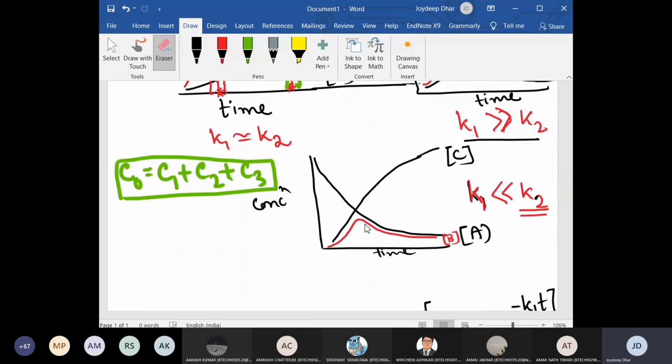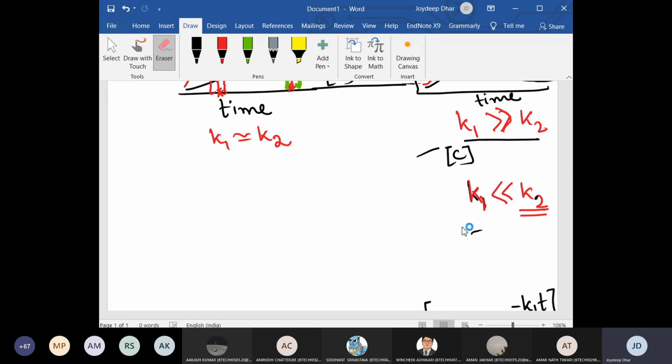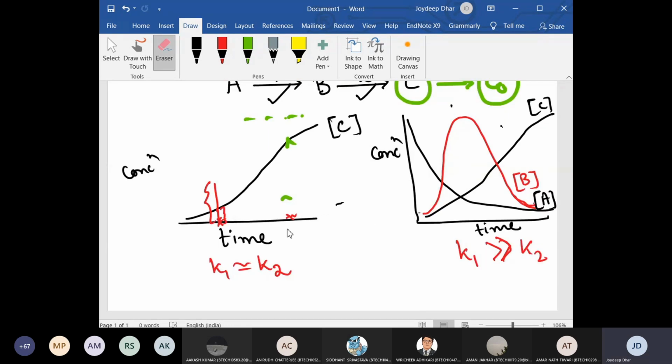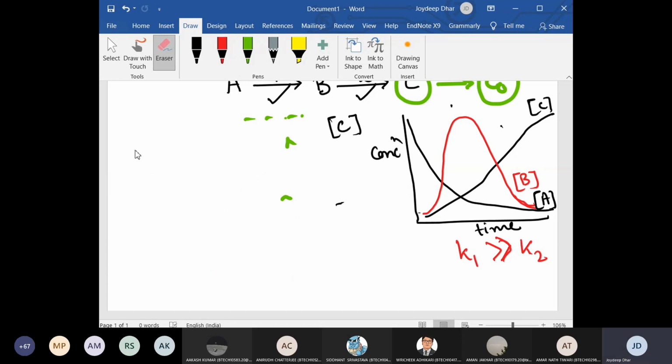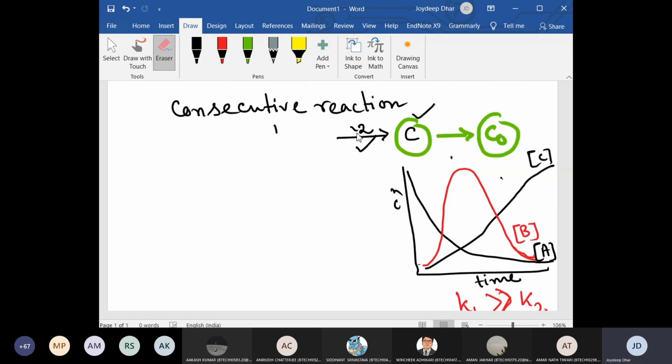In another case, B will not accumulate much, it will be rapidly converted into C. So let's consider the second case, where B will be formed a lot at the intermediate time. So now my question is, what will be the maximum amount of B, and what will be the t max when B is maximum?